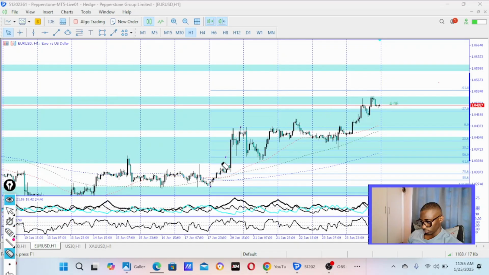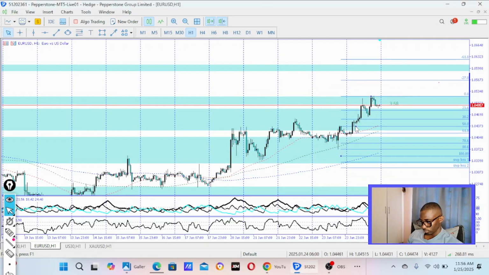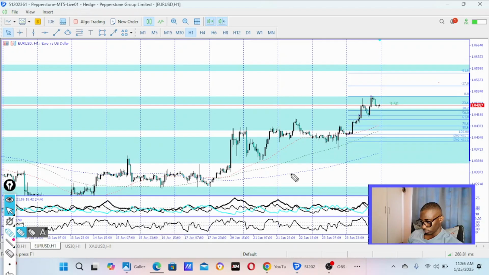That's a long retest. So when I go to H1 to look for my entries, this is what I want to see: from the low points, price opening low and closing in a high. This is a high.